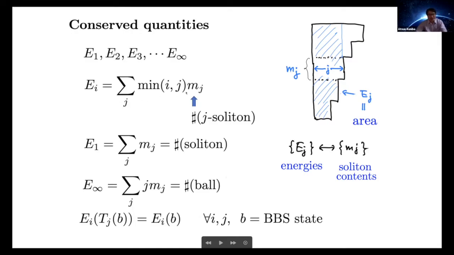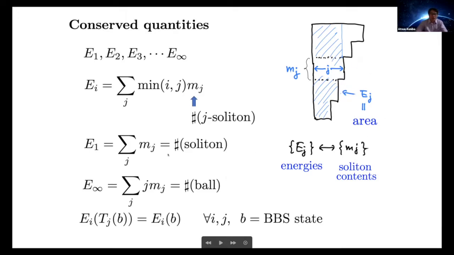So E_i is expressed in this manner. m_j is the number of j-solitons contained in a state. If you draw the Young diagram with rows of length j with multiplicity m_j, then this E_i is schematically seen as the number of boxes contained in the first i columns, although in this picture it says E_j. So for the first j columns the total number of boxes is E_j. So E_j is a kind of area.